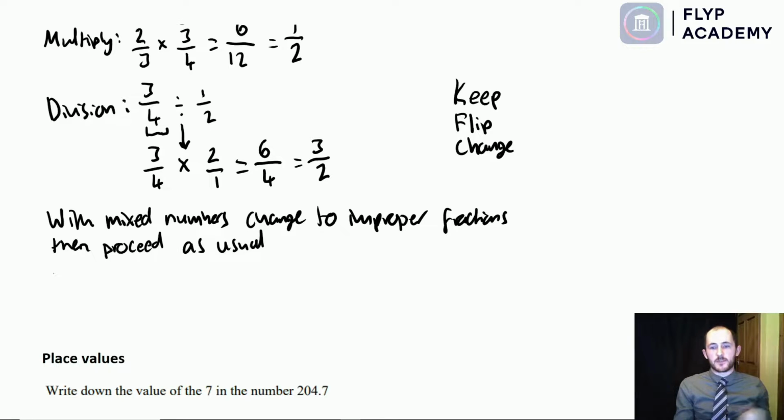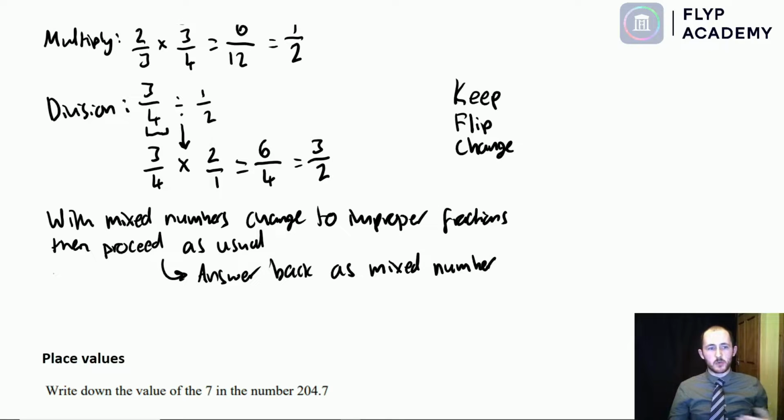Literally the only difference. However, they tend to expect the answer back as a mixed number. So you change to improper fractions, do everything as per usual, and then change back into a mixed number.